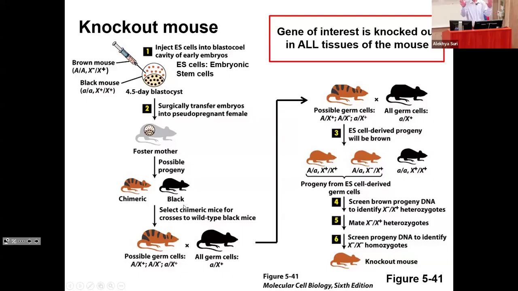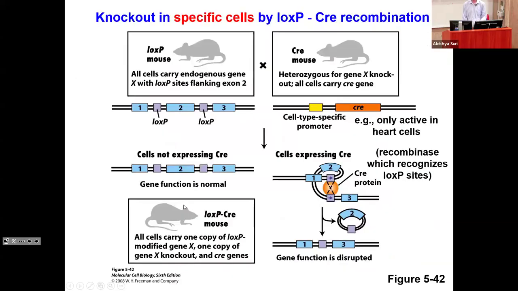So any tissue will be affected by this knockout, because you go from the blastocyst, basically you start off with this knockout from the beginning. Okay, so all tissues will have the knockout.